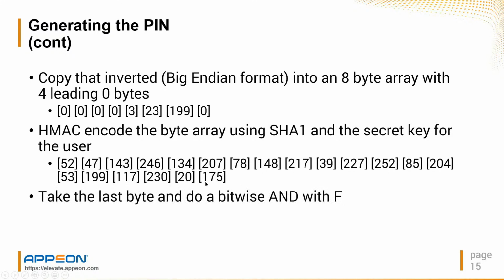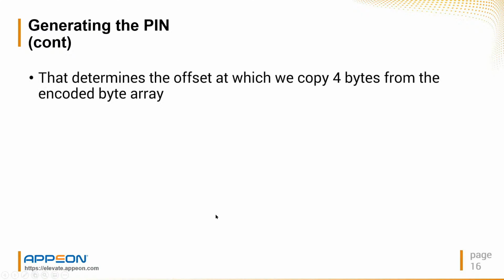You take the last byte of that array and you do a bitwise AND with F, which is hexadecimal 15. And in this case, when you do that, the result is 15. Okay, that determines the offset from which we copy 4 bytes from the encoded array.